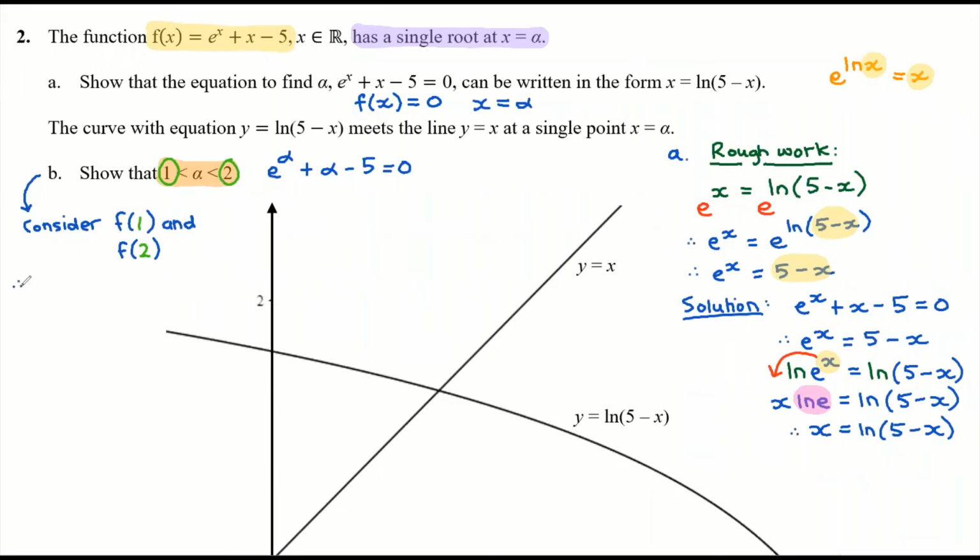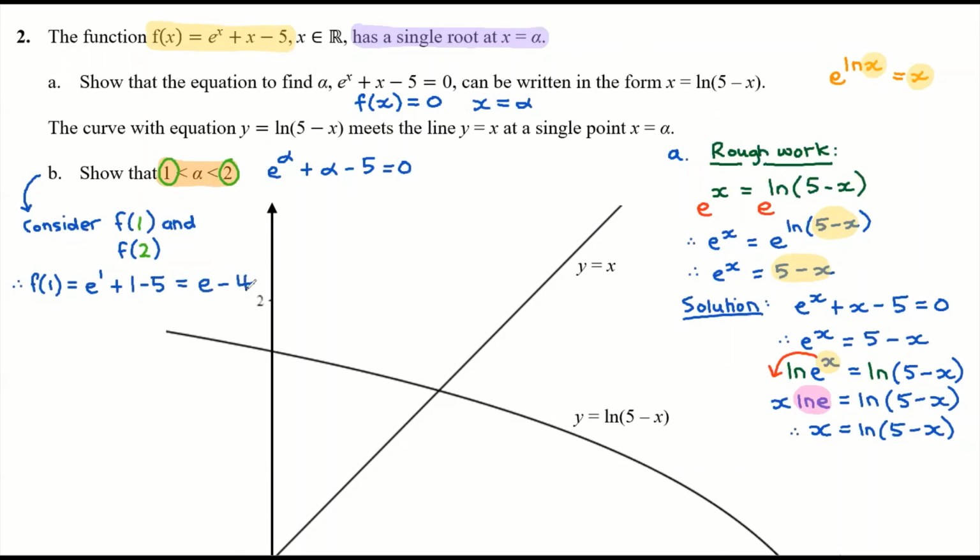So therefore, f of 1 is simply going to be e to the 1 plus 1 subtract 5. And what do we get for that? Well, we can use our calculator, if you want to, of course. So this is going to be essentially e subtract 4.